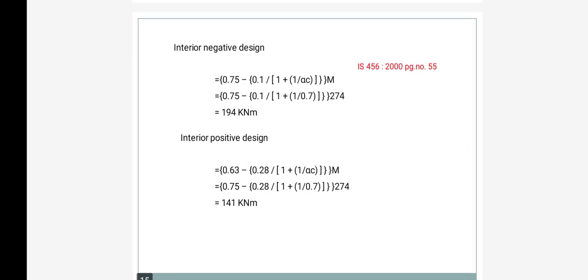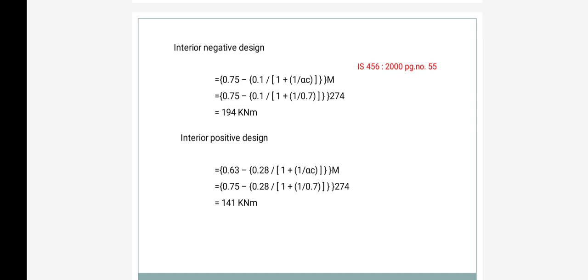Then next, interior negative design. Refer IS 456-2000 page number 55. The formula is 0.75 minus 0.1 divided by 1 plus 1 divided by alpha C, into M. Substituting all the values, interior negative design is equal to 194 kilonewton meter.